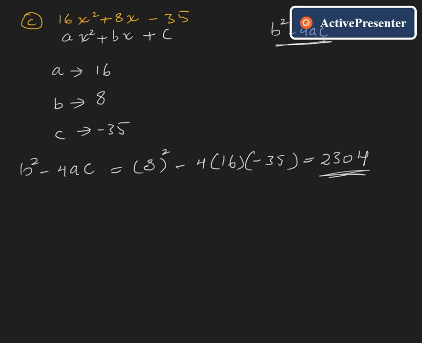This is a very huge number, especially you don't have a calculator. How to check? I will give you a hint how to check whether this is a perfect square or not. However, for this example, 2304 is a perfect square, because 48 multiplied in 48 equals 2304. So this is a perfect square.